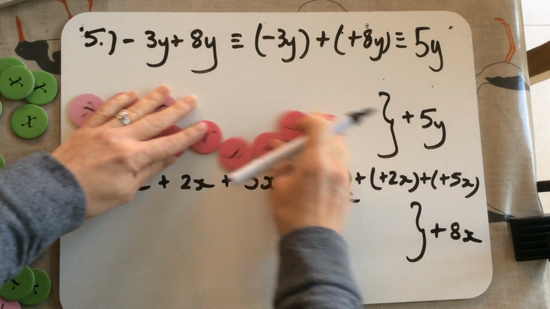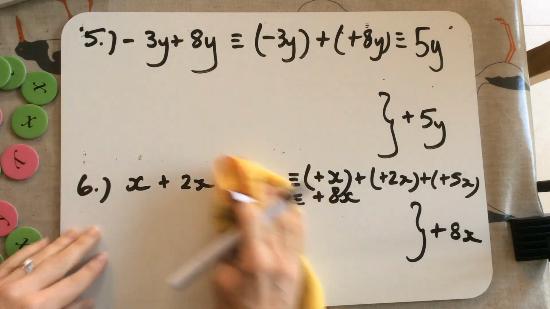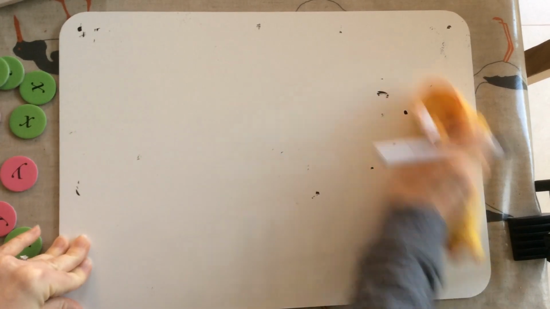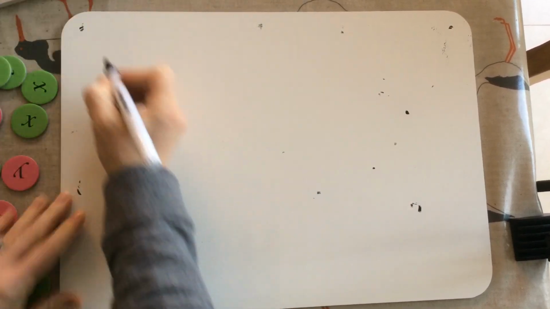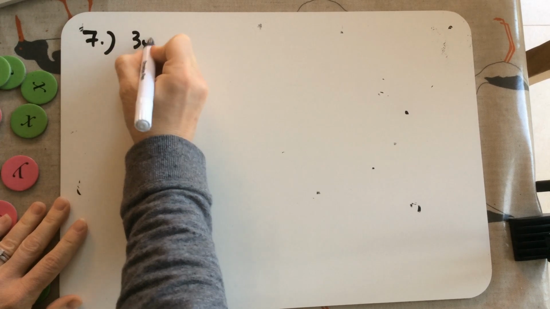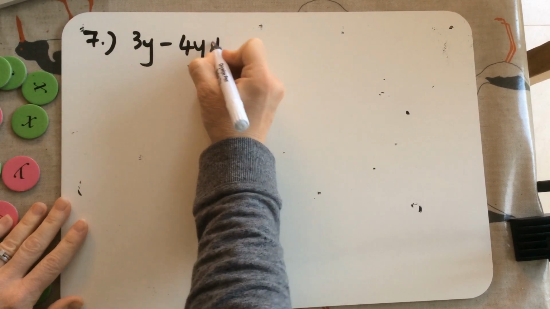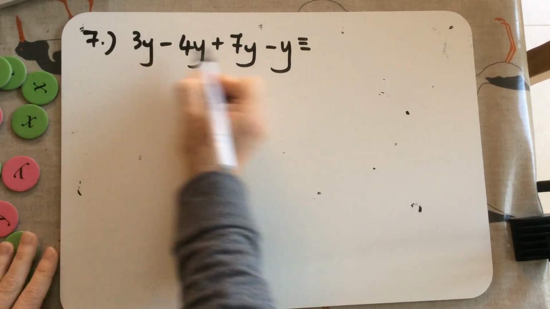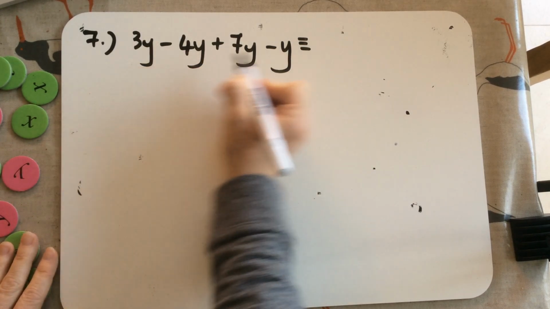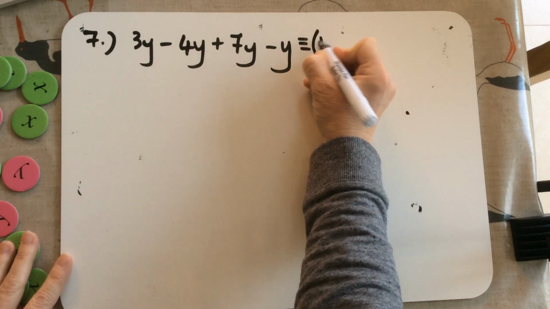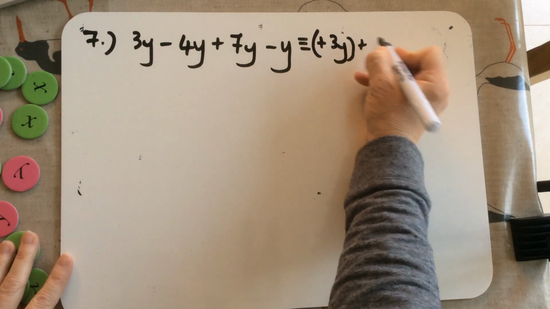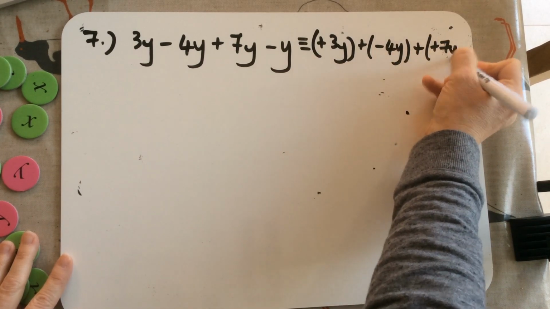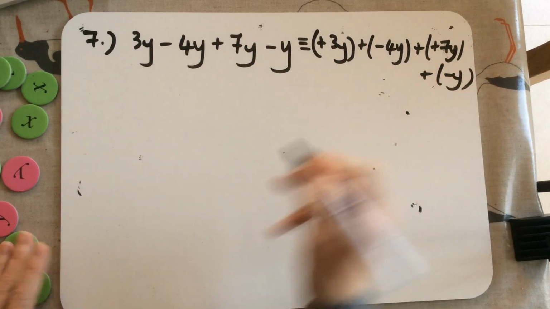Right, question 7. Again, I'm moving back to the y variable, and this time I have got 4 terms to work with. And the question is 3y subtract 4y, add 7y, subtract y. And the way I'm going to think of these is as the direction of this term and this term. So I'm going to think of it as positive 3y, add negative 4y, add positive 7y, add negative y.